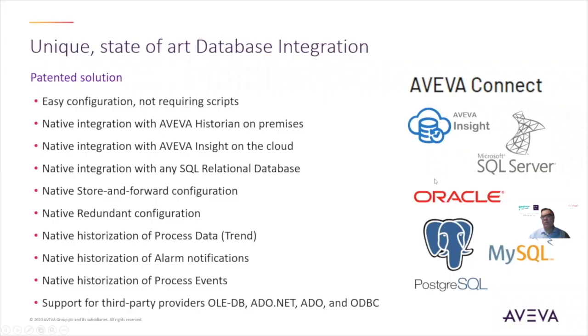It could be a Microsoft SQL Server or Oracle, MySQL, Postgres, the list goes on and on. Also, we have the ability to use the AVEVA Historian either on premises or what's called the AVEVA Insight in the cloud and push data to that. And that is something very easy to do.